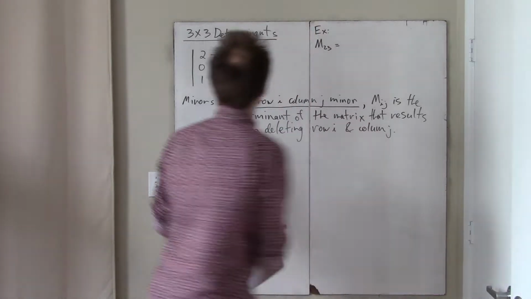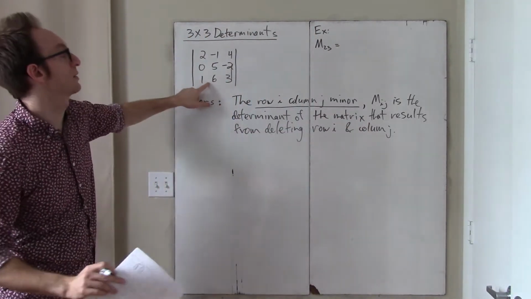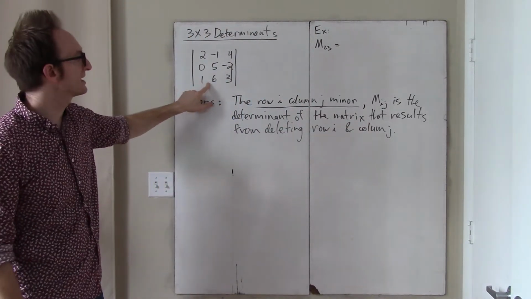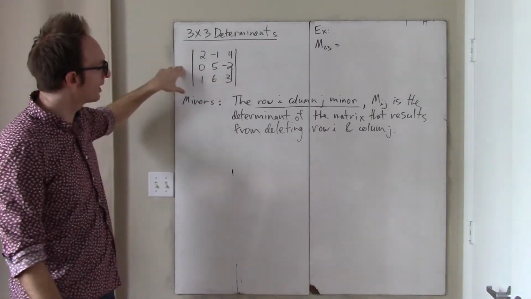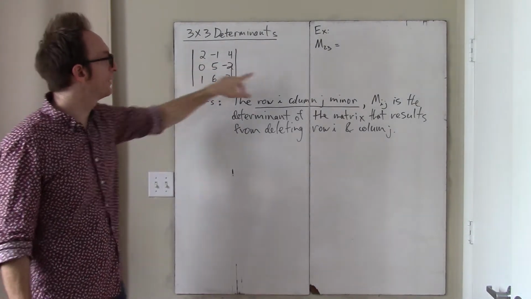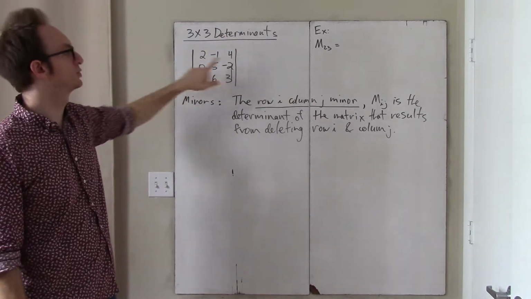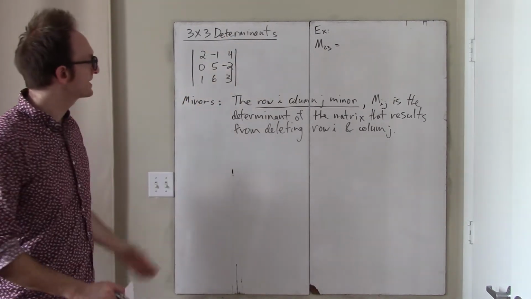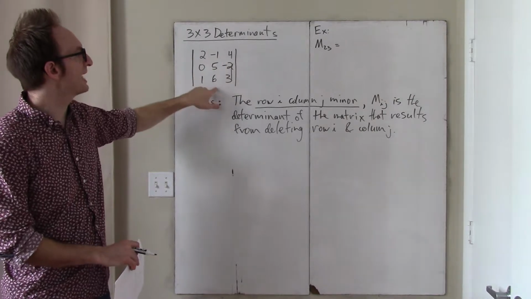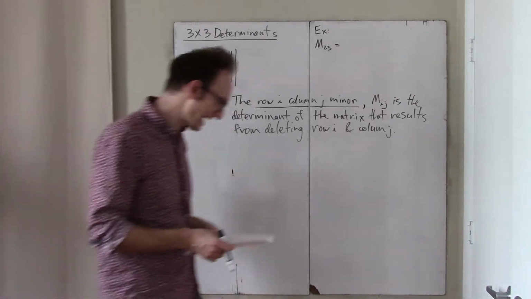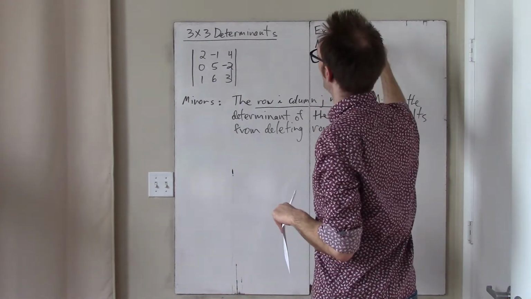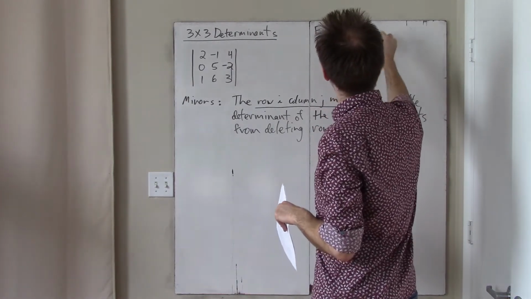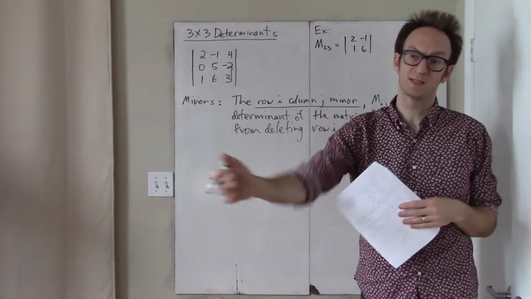Well, you go to this 3x3 matrix, go to row 2, and mentally delete row 2. And also mentally delete column 3. That's what 2, 3 means. Row 2, column 3. When you do that, 4 numbers are left and you smush them back together. What you get is 2, -1, 1, 6, and you compute that determinant.